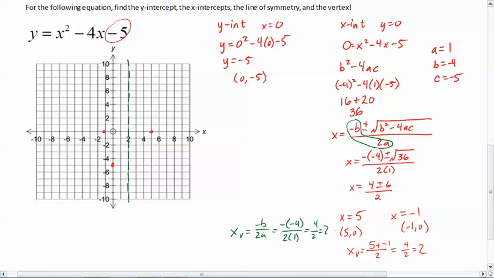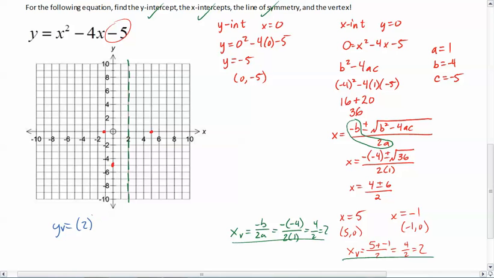Now, keep in mind that we now have the x value of the vertex, which was 2. We don't have the y value yet. So we do have the y-intercept, we have the x-intercepts, we have the line of symmetry. The vertex is a point, and so I'm going to have to take that x value and put it into my equation. For the very last step, I'm going to go y equals, and I'm going to replace x with 2. So this will be the y value of the vertex.